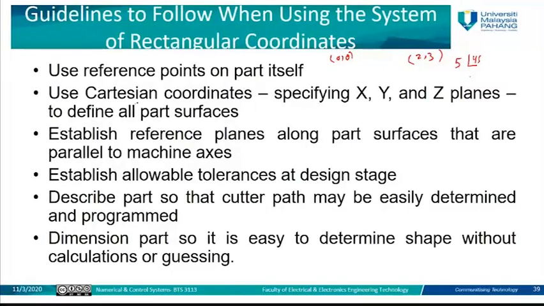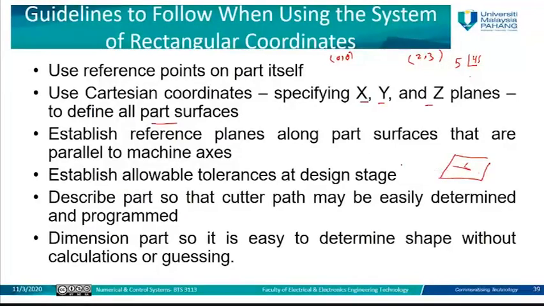Then use Cartesian coordinates specifying x, y, z planes to define the part surface. Okay. Then establish reference planes along part surface that are parallel to the machine axis. So after you define the original or the reference point here, you need to establish the reference plane along the part surface.